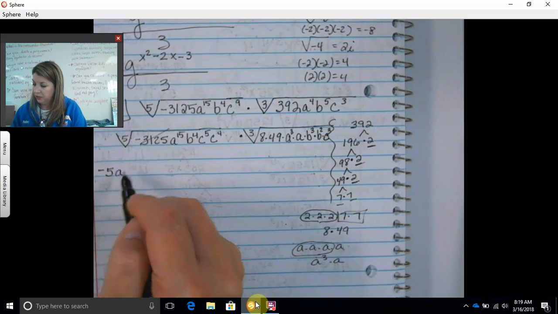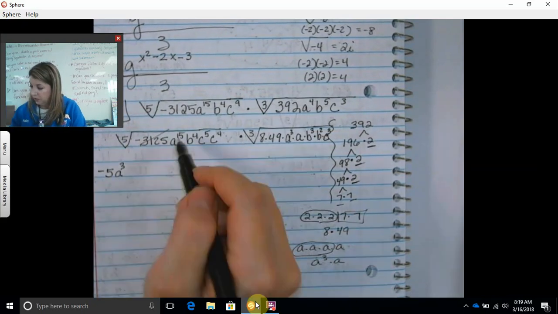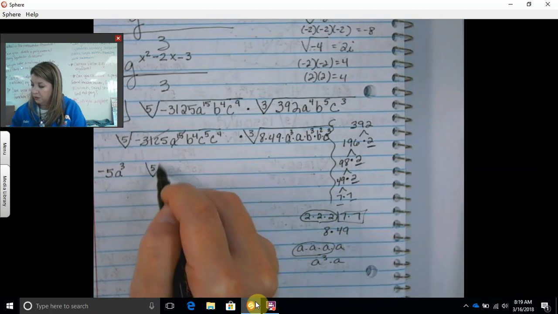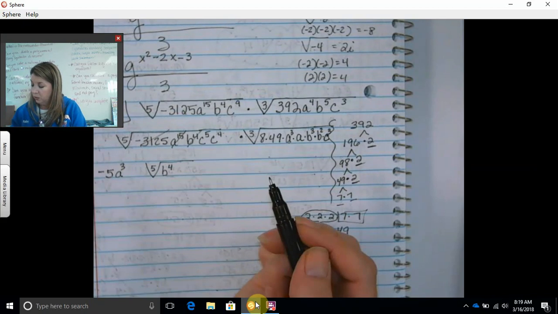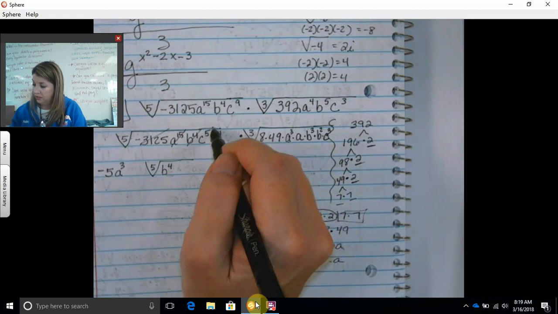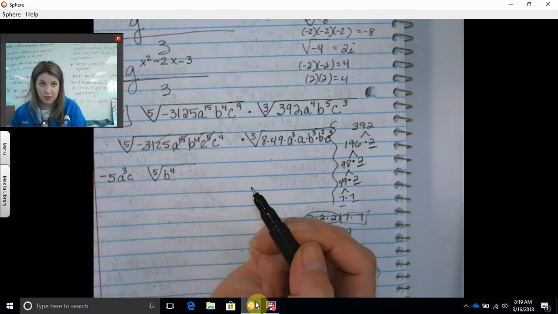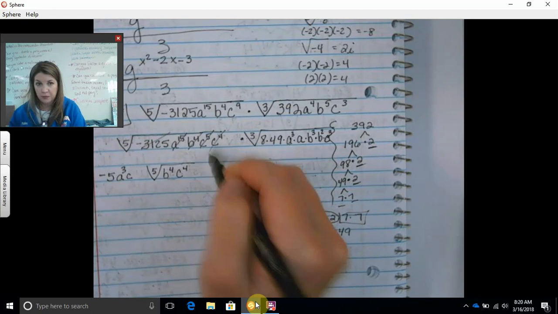A cubed. 15 divided by 5. Can we take the 5th root of b to the 4th? No, so b to the 4th will stay under the radical. What's the 5th root of c to the 5th? Just c. Can we take the 5th root of c to the 4th? Nope, so c to the 4th will stay under the radical.